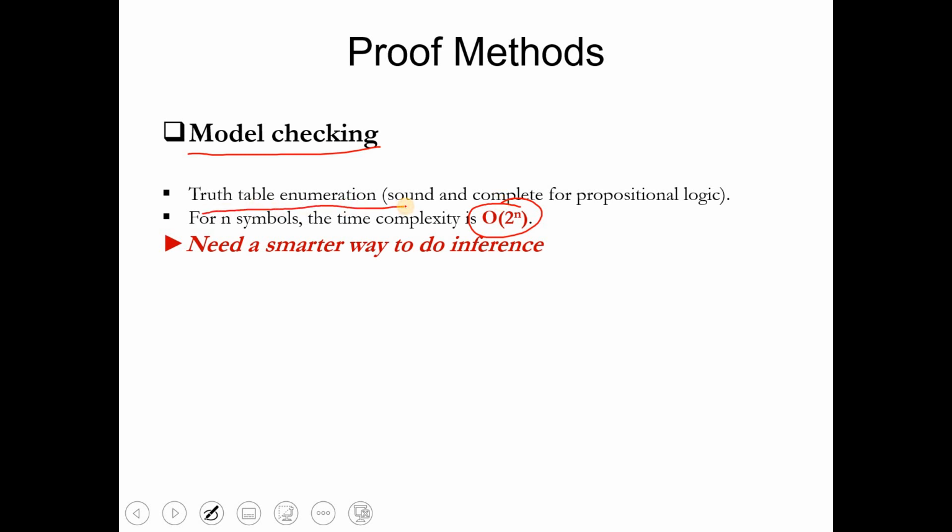If you try to find out one by one all the models, whether they agree with the new sentence or not, the complexity will be too much. So inference over here, this method is not good. It will take too much time.